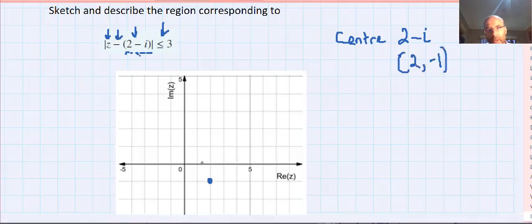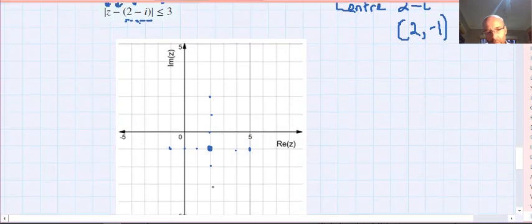Just like what we saw with the circles, we have a radius of 3 to consider: 1, 2, 3, and 1, 2, 3, and 1, 2, 3. Okay, in fact, I've just noticed that the scaling on this is a bit distorted vertically, so I might have to fudge it a little bit so it doesn't look like an ellipse.